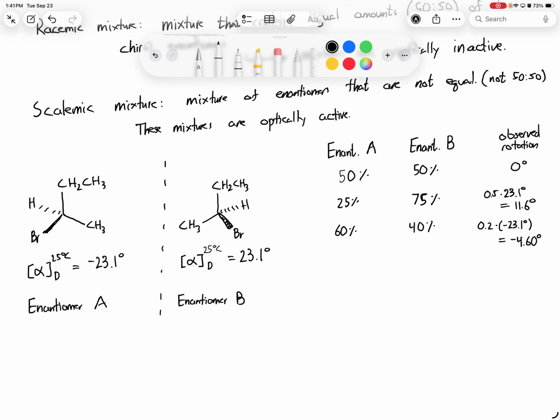Are there any questions on that math? So find the difference. Find the percent EE. So this is another term for percent EE.